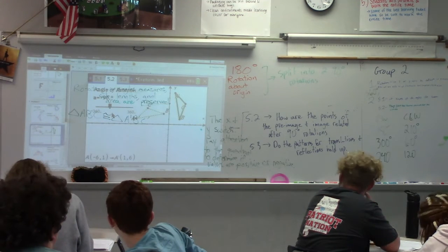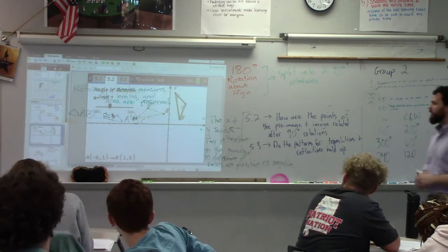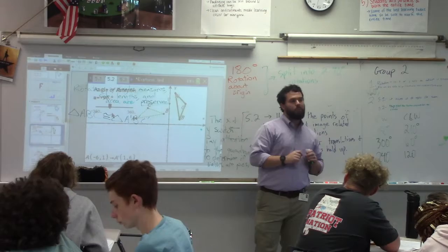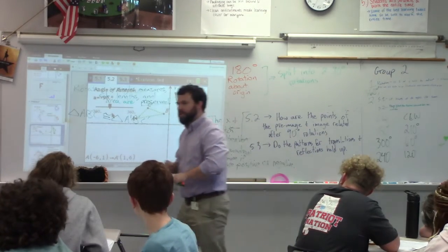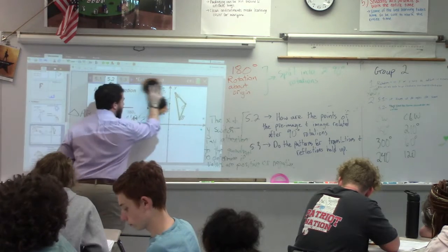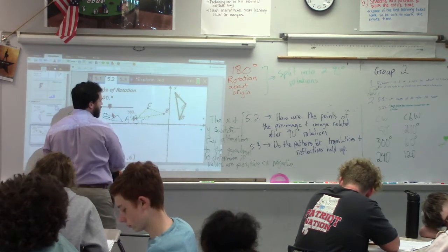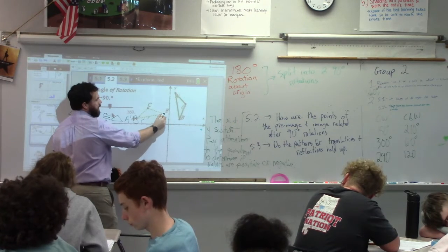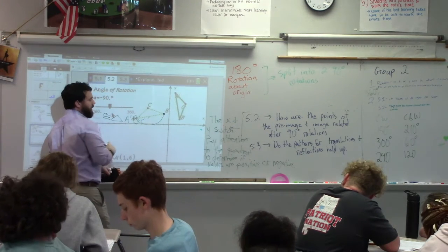Really quickly, I need you to hear me very clearly on this. There is one other element that can be preserved with different transformations, and it's called the orientation. Let's say I start here at point B. If I go clockwise, what's the next point?